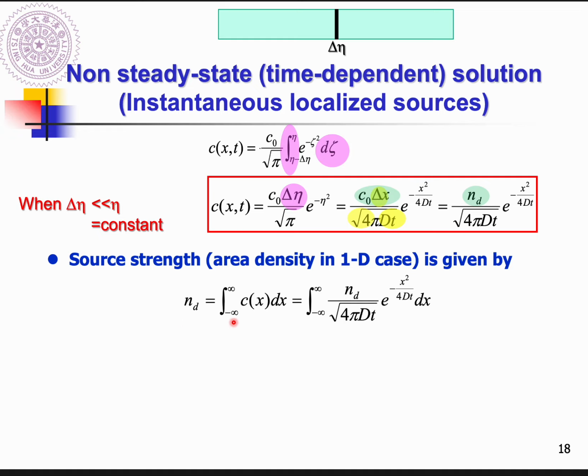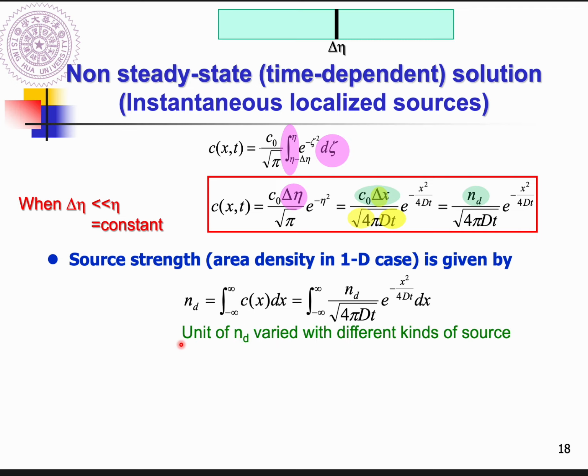Then you can section the samples and use EPMA to plot the concentration profile of diffusing atoms to get C of x. Then integrate over all the samples, and you can get the ND. This is the other approach to get the ND if you are not the one who created these samples. So here we also provide another method to get the ND: section your samples, analyze them by EPMA or SIMS, and integrate over the whole sample.